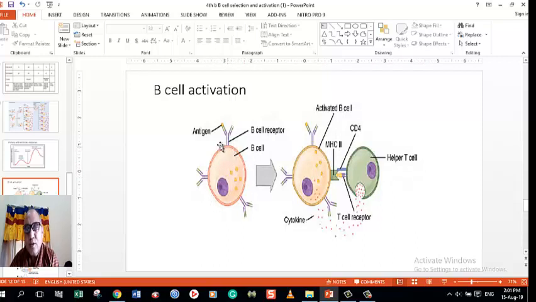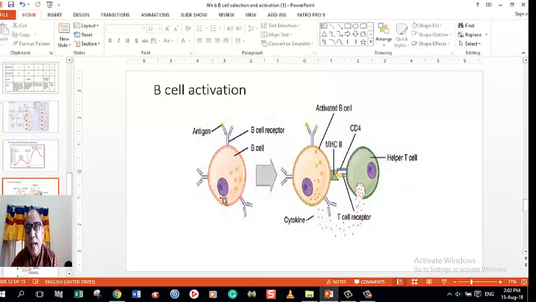These B cells also have surface receptor proteins, which I said earlier. One is the antibody, and there is also MHC2 protein, that is major histocompatibility complex. MHC2 is present in all the antigen presenting cells like macrophages, B cells and dendritic cells.